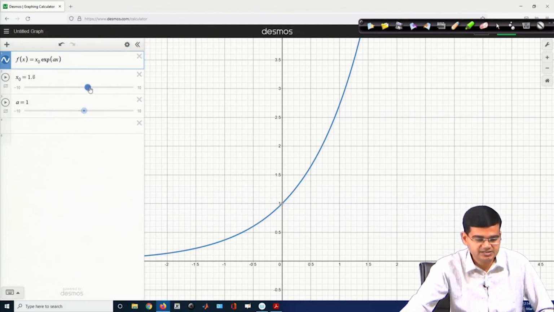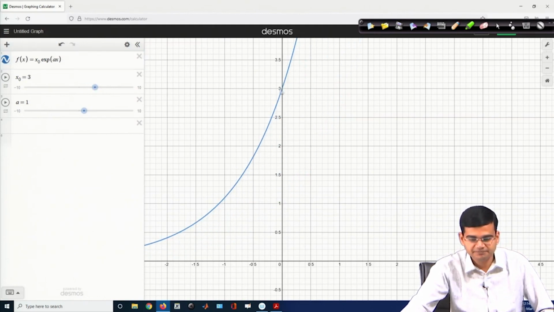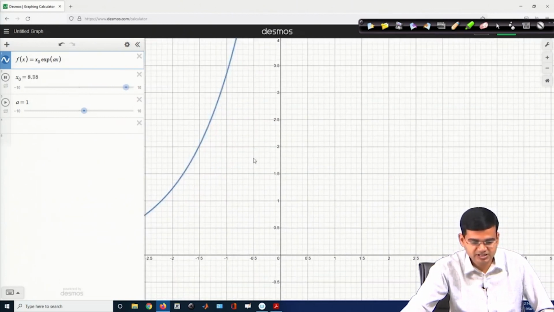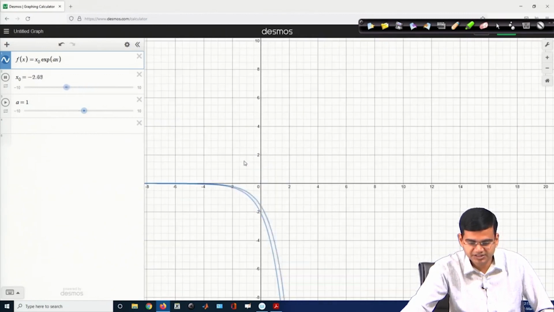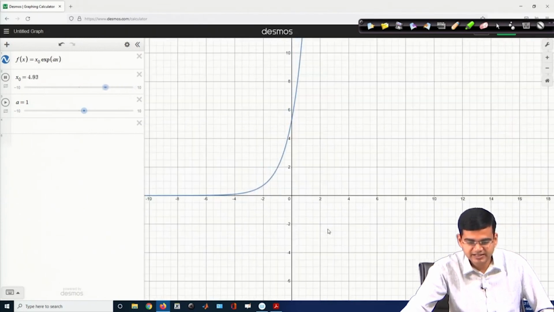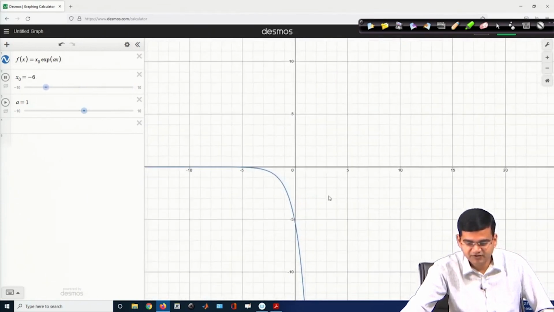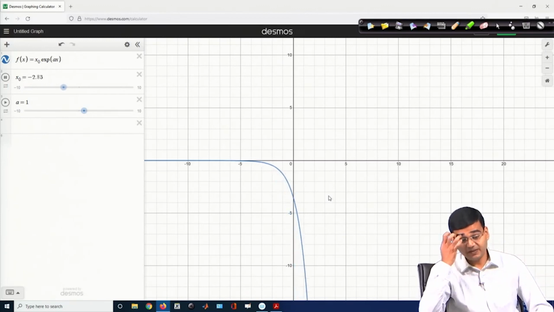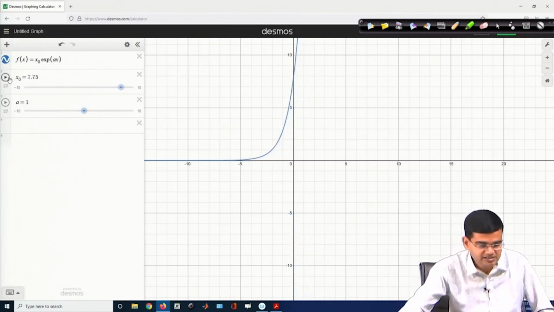As I increase this to 2 or say 3, the variable goes from (0, 1) to (0, 3). So, I can animate it, and if I focus only on the y intercept, then what I see is that as I change the initial condition, the y intercept is changing.